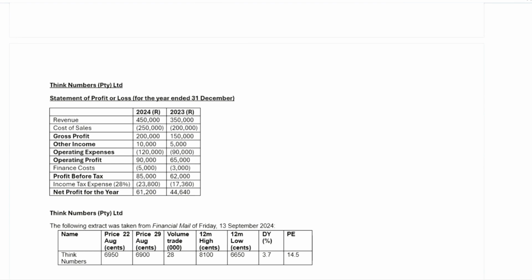To the taxman, they're paying 28% of the profit they have made. Finance costs, on the other hand, are the interest that they have to pay on the debt the company has taken out. So for the interest coverage ratio, we are looking at the interest they have to pay on their debt, which in 2024 was 5,000, and in 2023 was 3,000.